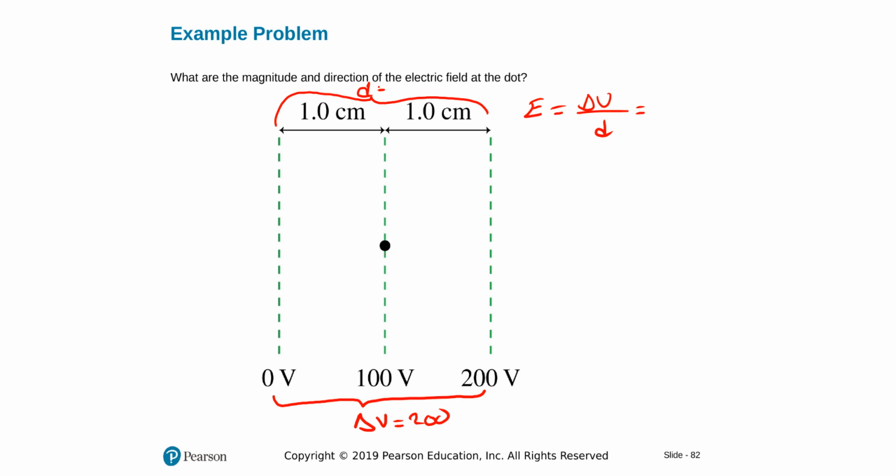This is 2 centimeters. 200 volt divided by 0.02 meters is your answer.